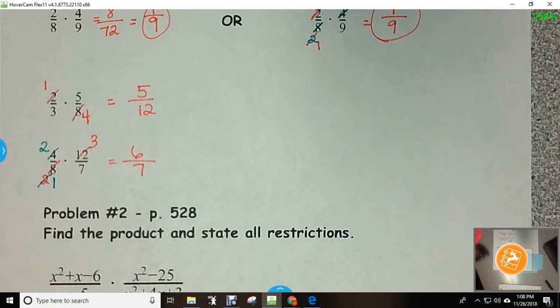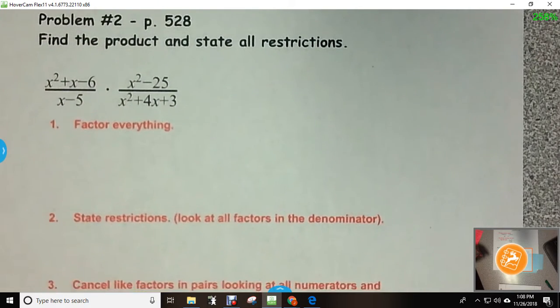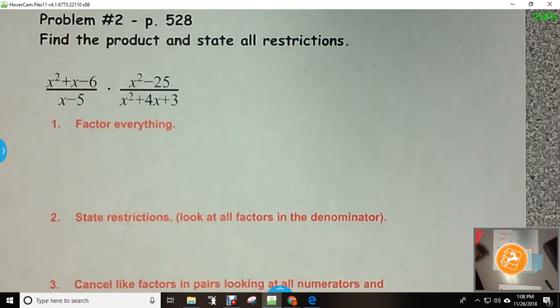Okay? So at this point, we're going to combine the factoring concept we did in the last one with the cross-canceling we just talked about here. It says to find the product and state all restrictions. You have to do these in a certain order or you lose part of your restrictions.